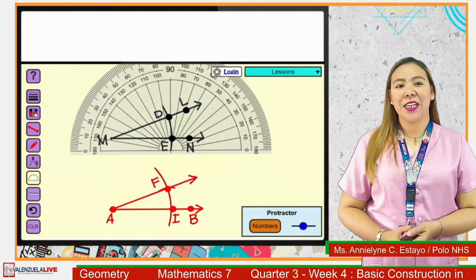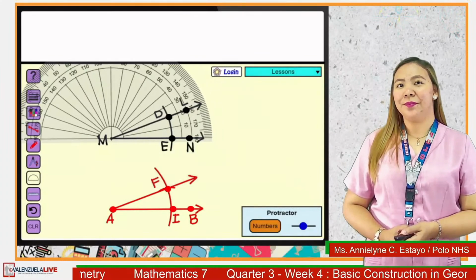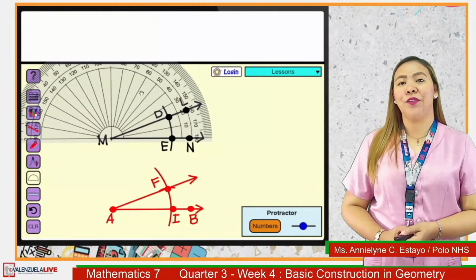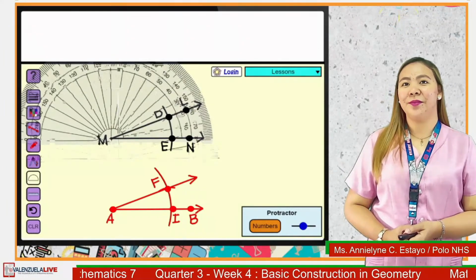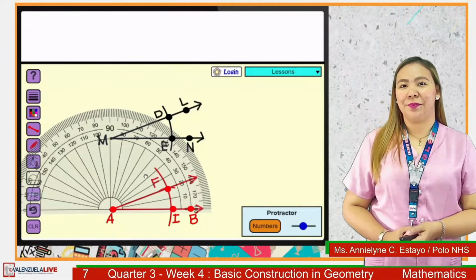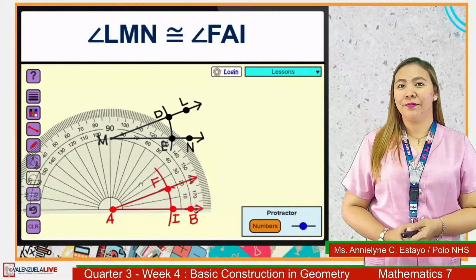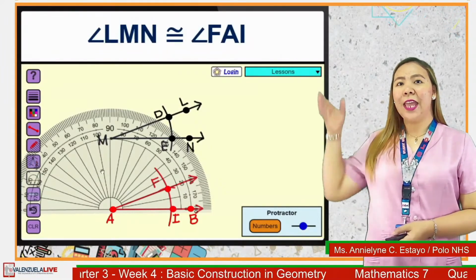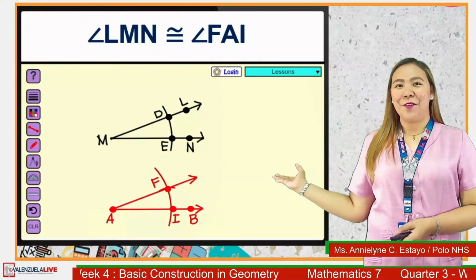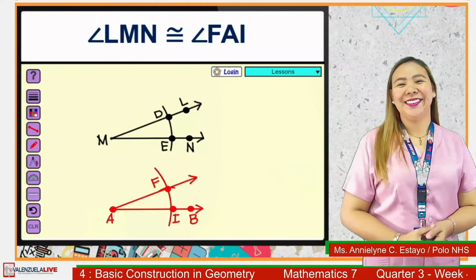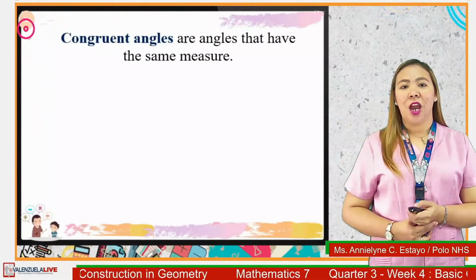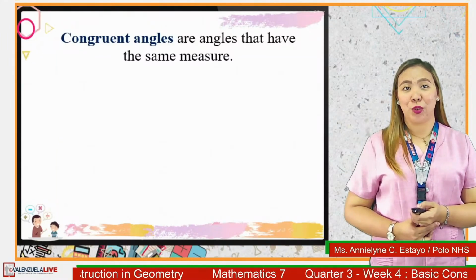The measure of angle LMN is 20 degrees and the measure of angle FAI is also 20 degrees. Therefore, angle LMN is congruent to angle FAI. Congruent angles are angles that have the same measures.